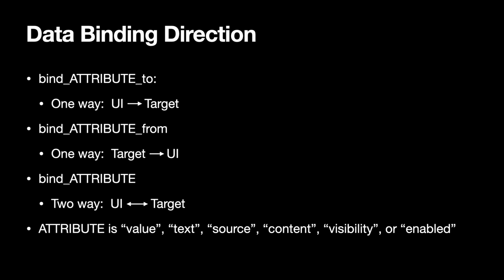A function naming convention is used to indicate the direction of data binding, to or from. Bind to methods update application data when a user interface element changes. Bind from methods update user interface elements when application data changes. Bind methods without to or from in the name perform two-way data binding.